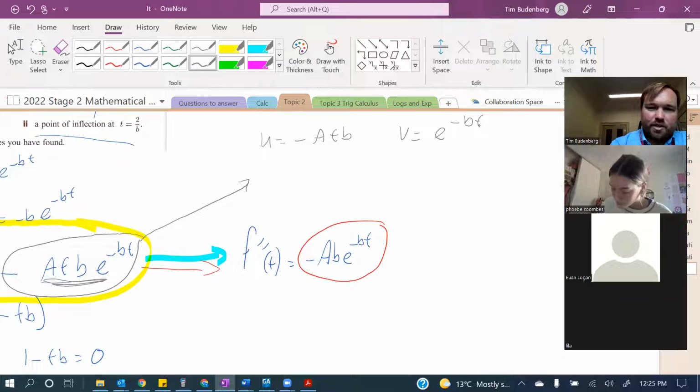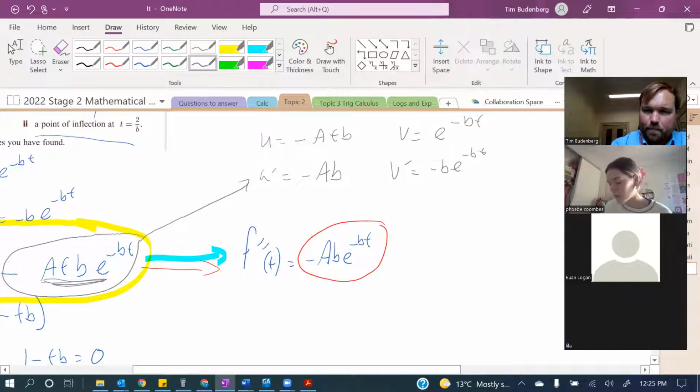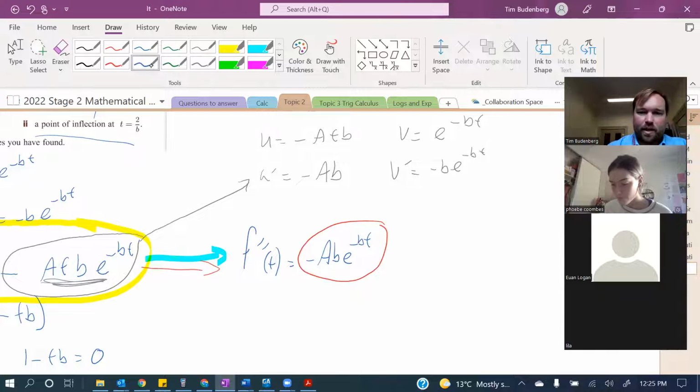Differentiating, u dash is just going to be minus AB, and v dash will be minus B e to the minus BT. Then we put that on to the back of this one we've already got here.